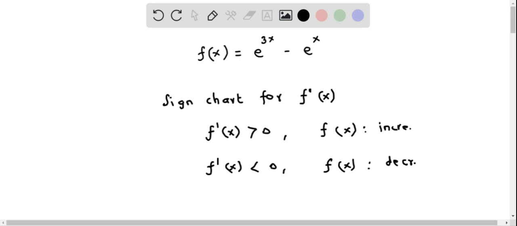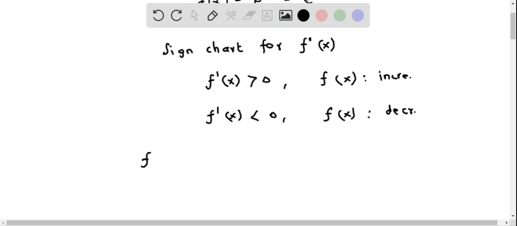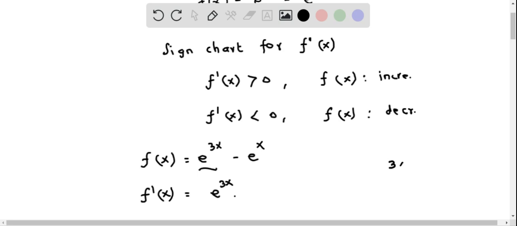We are going to first find the derivative of f of x. So let me copy the f of x. This equals e power 3x minus e power x, and we differentiate both sides with respect to x. The derivative of e power 3x is e power 3x, and then using the chain rule we also find the derivative of 3x, which is 3.